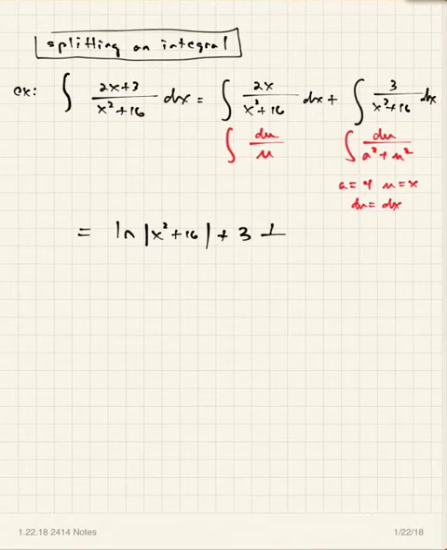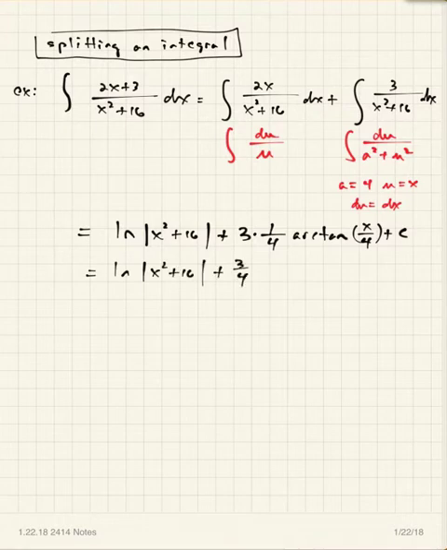So this would be 1 over 4. So it's 3 times 1 over 4, arctangent of x over 4 plus c, like that. And you've got it. If you want to write that 3/4, that's fine. So you get 3/4 times arctangent of x over 4 plus c.